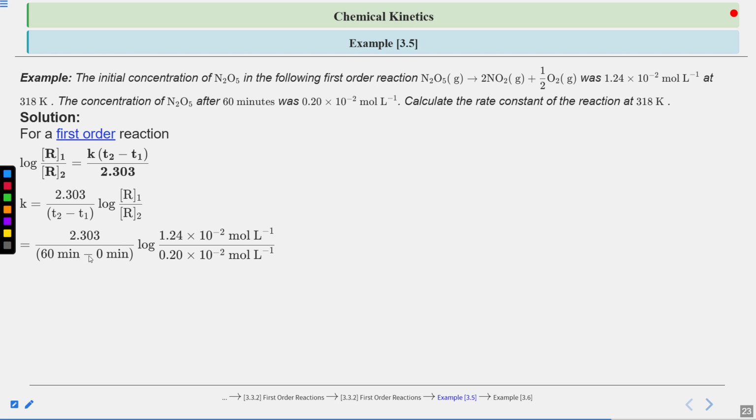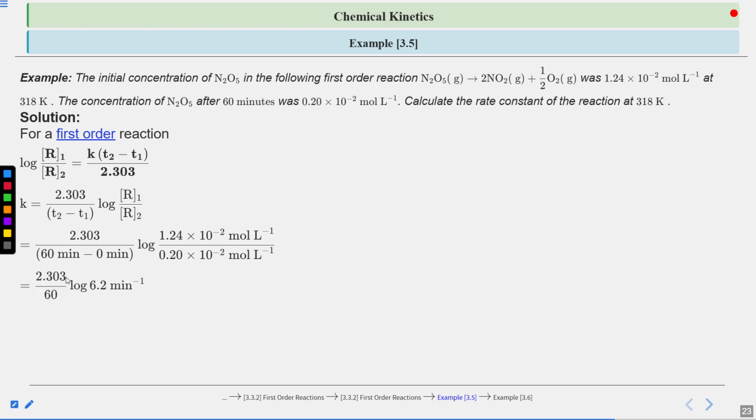So 60 minutes is T2, T1 is 0 minutes. 2.303 log of R1, the concentration of the reactant at 0 minutes, which is 1.24 times 10 to the power minus 2 mole per liter, divided by the concentration after 60 minutes, which is 0.20 times 10 to the power minus 2 mole per liter. This is also given. You just have to solve this, because in this equation the only variable is K, the rate constant, and that is what you have to find out.